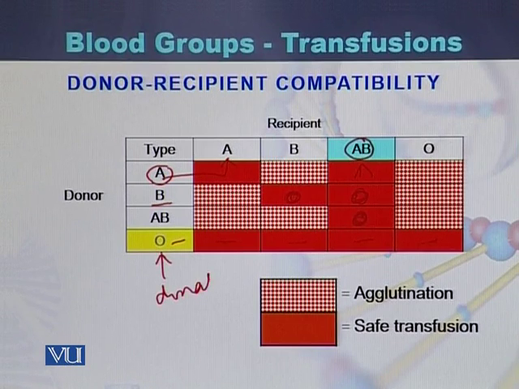It can be donated to any individual who has blood group A, B, AB or O. While blood group AB is the universal recipient, or universal acceptor, that can get any blood group.